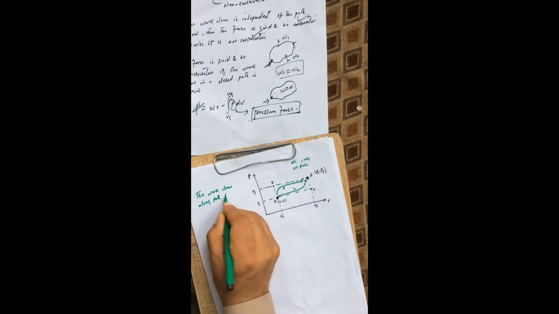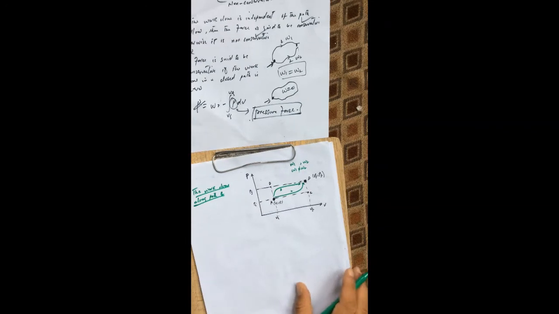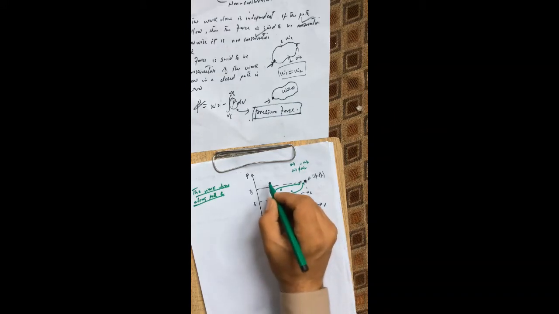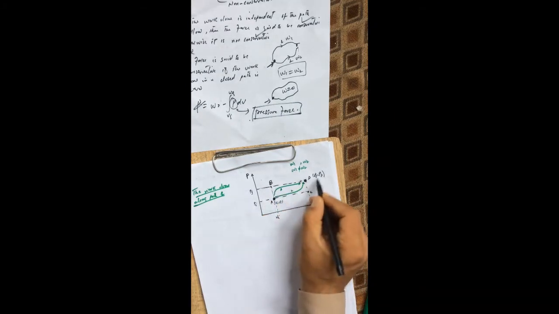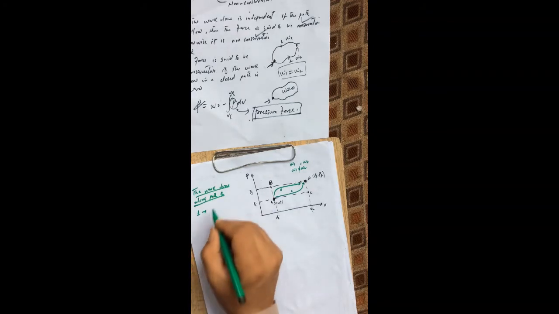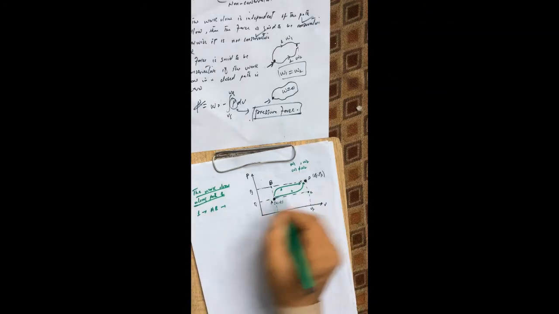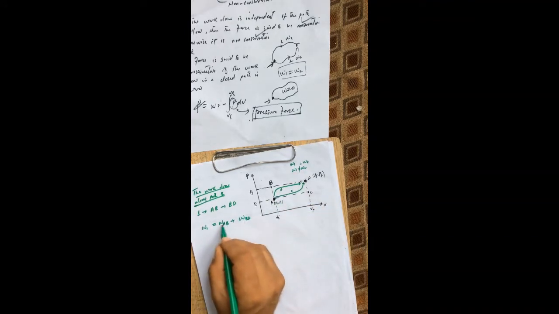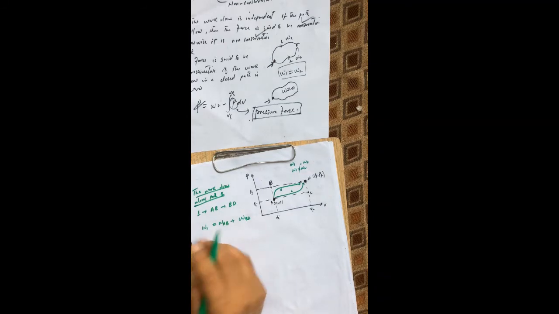Path 1 is divided into two parts: one is from A to B and the other one is from B to D. The work done along path 1 will be equal to the work done in moving the system from A to B, plus the work done from B to D. First I have to calculate the work done from A to B, then the work from B to D, and then sum both work done and we will get the work done through path 1.